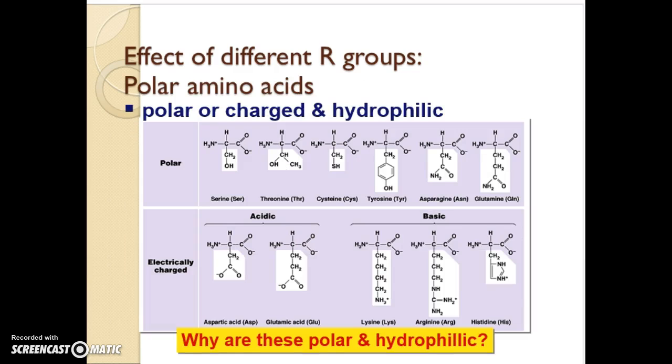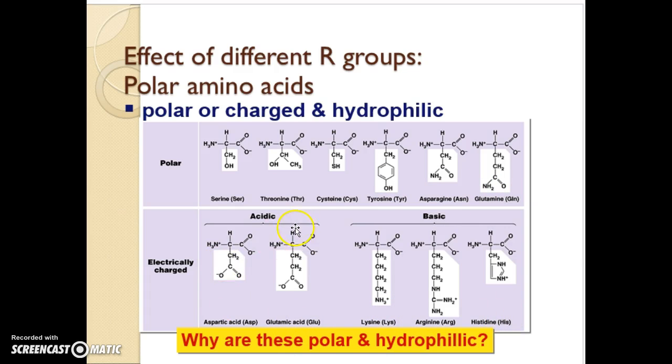The next group are the polar and hydrophilic groups. So for these, you need to look again at what makes them the way that they are. And you'll see that what is most likely present is either oxygen or nitrogen.